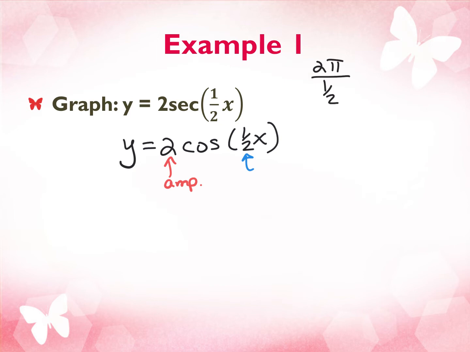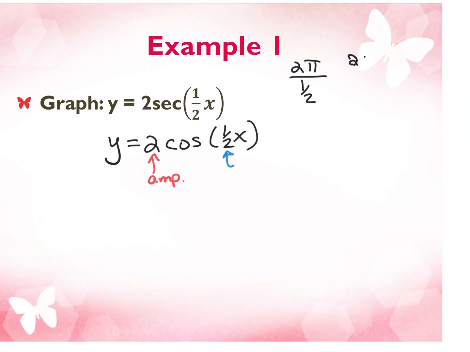Again, since this is division, I'm doing keep, flip, change. So this is really 2 pi divided by 1/2. So 2 pi, keep, flip, change it. And it's 4 pi. So notice now, in order to complete the cycle, it's going to take me up to 4 pi. It's going to be a lot slower.